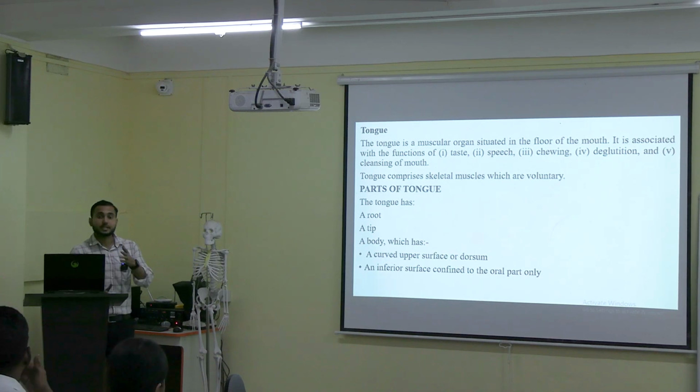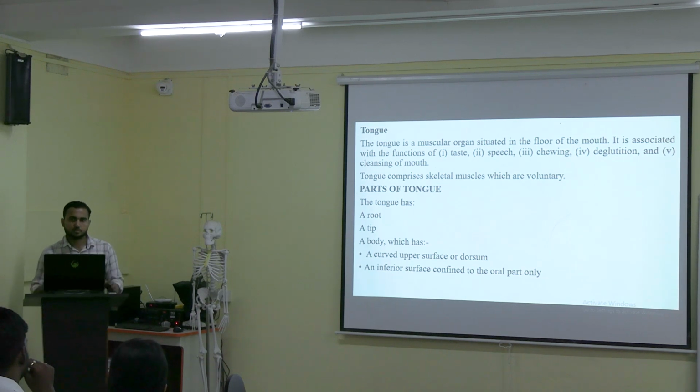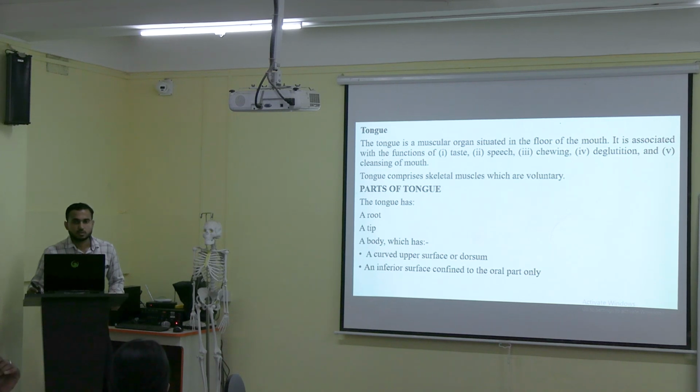And along with that, the skeletal muscles. Can anyone tell me how many muscles there are in the tongue? Any idea? Guess. 2 groups of muscles are there in the tongue. In each group 4 muscles are there. Total 8 muscles are present in the tongue.